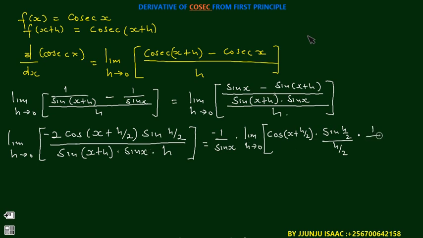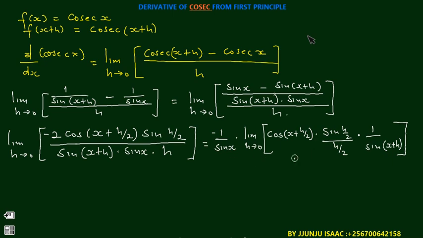So times 1 over sine x plus h. I'm interested in obtaining this, because this always reduces to 1 when you have sine h over 2 divided by h over 2, or when you have sine of an angle divided by that same particular angle, you just get 1 when you have the limit as that angle tends to 0. So that's why when I combine this 2 and this h and I obtain this, I simplify the work.